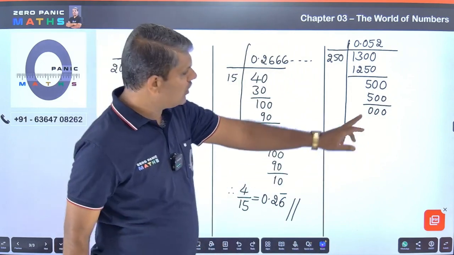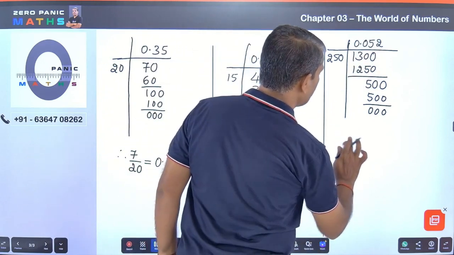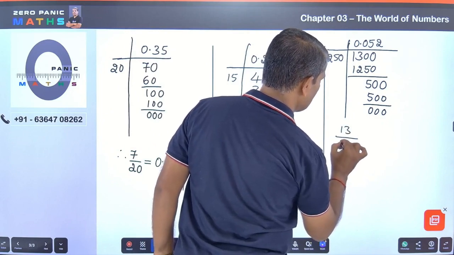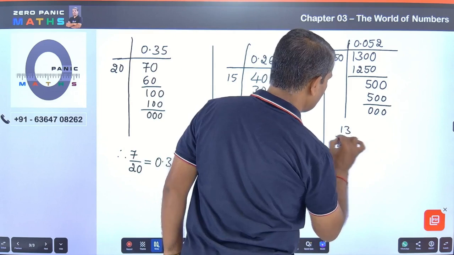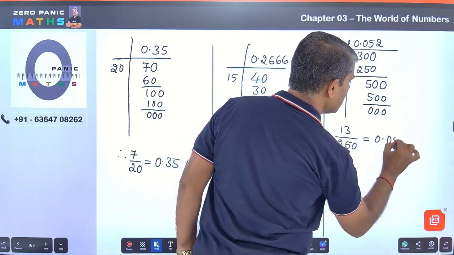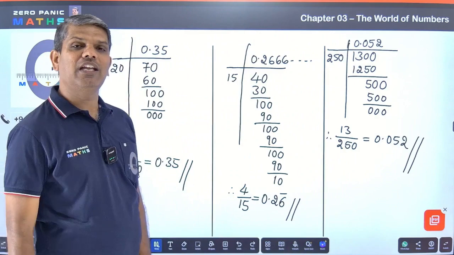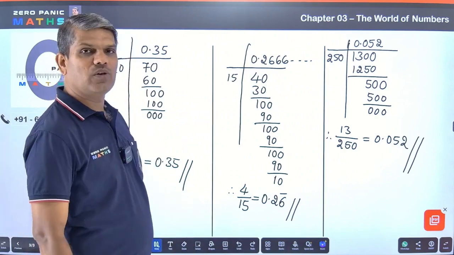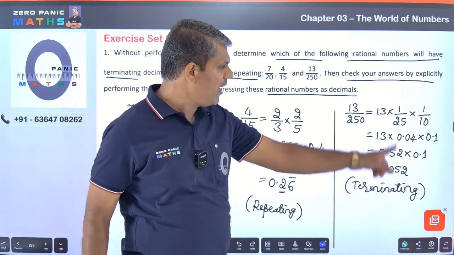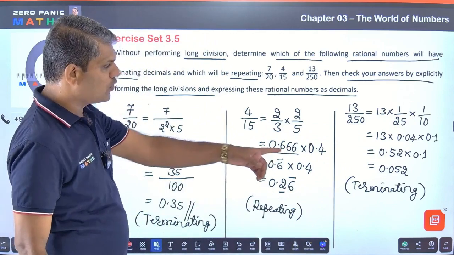As I already told, when you reach the remainder 0, you stop, and the quotient value is the exact decimal that you want to get. So 13 by 250 is equal to 0.052, and this is a terminating decimal. That is also exactly equal to what we got without performing long division, 0.052.